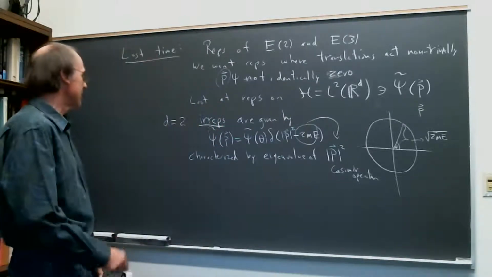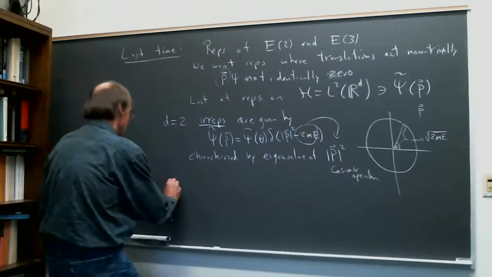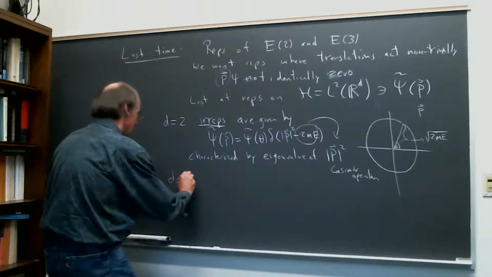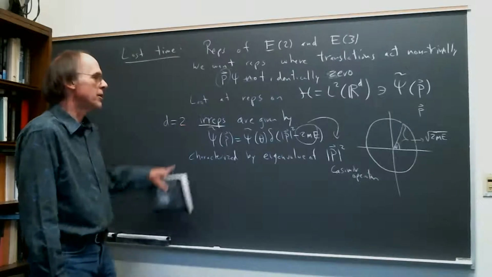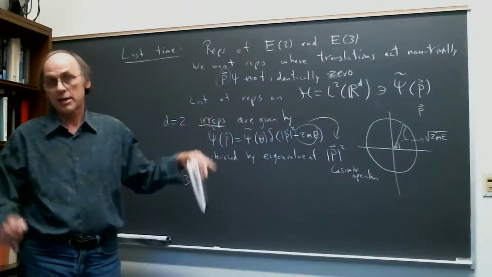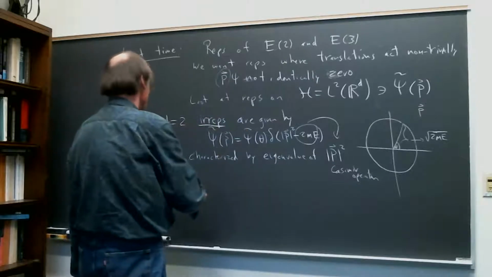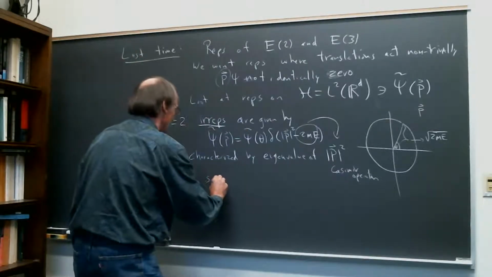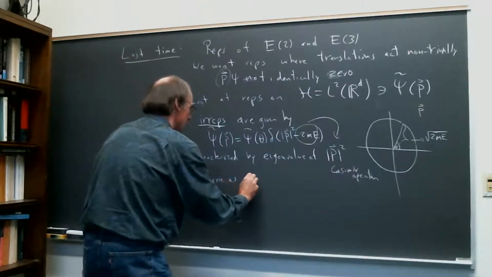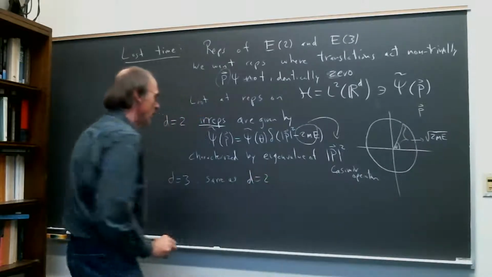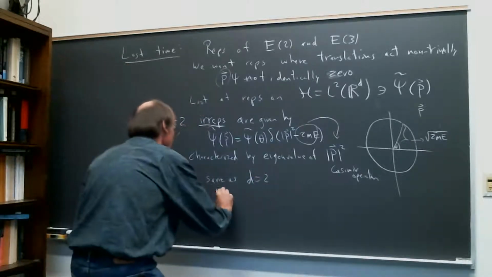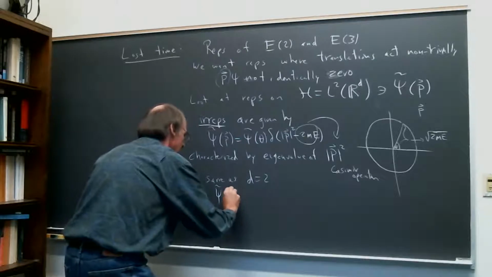Okay, so it gets more interesting in D equals 3. Part of the story is pretty much the same thing as D equals 2, with psi tilde of p vector.